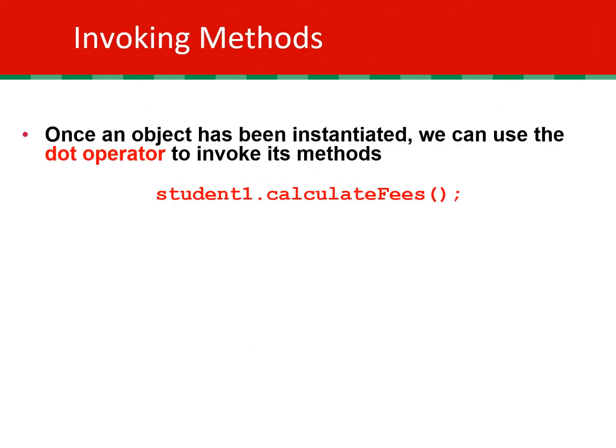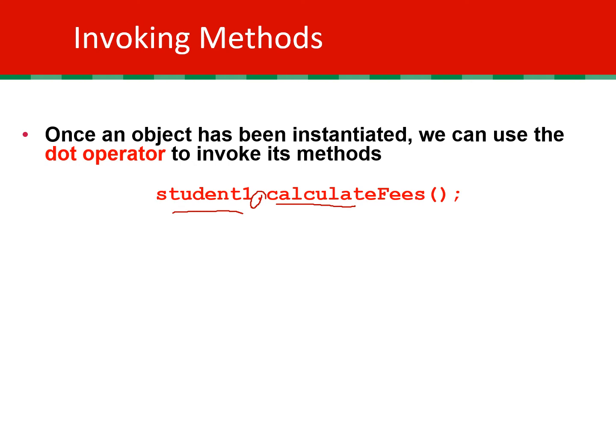Just now you saw how to use the attributes in the object. This one is another way, to access the method. Remember in the Student class we have the calculateFees method. So how can you use it? student1 is referring to the object reference name that we have created just now, right? So you put dot here and then whatever method that you want to use. But this method name must exist in the Student class.